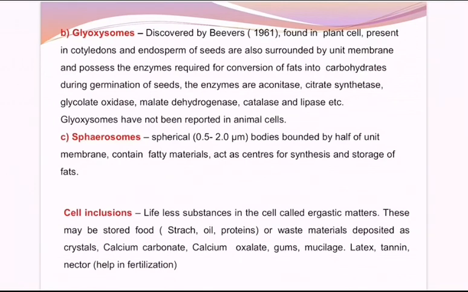That much you remember. And the spherosomes are special spherical bodies with a half unit membrane, containing fatty materials, and they act as centers for synthesis and storage of fats. This is the most important one. We will study further in our next session.